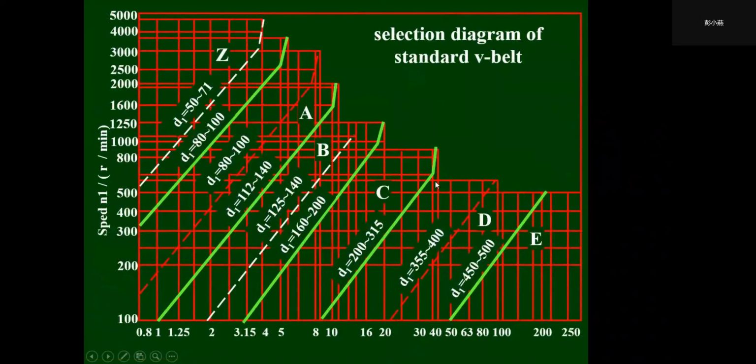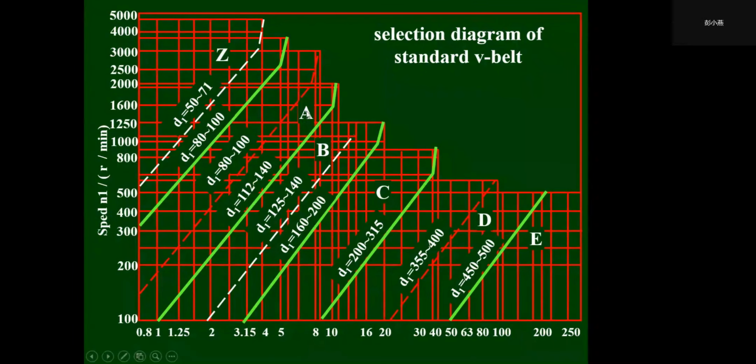And this is the selection diagram for the diameter of standard wave belt. If we know the power and the speed of the driving pulley, then we can obtain a point in the coordinates, and the points fall in different areas.